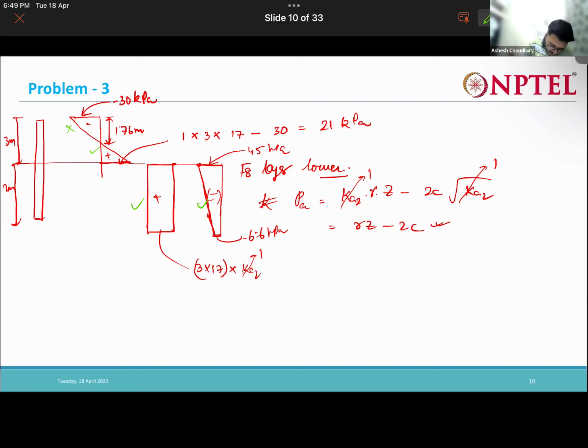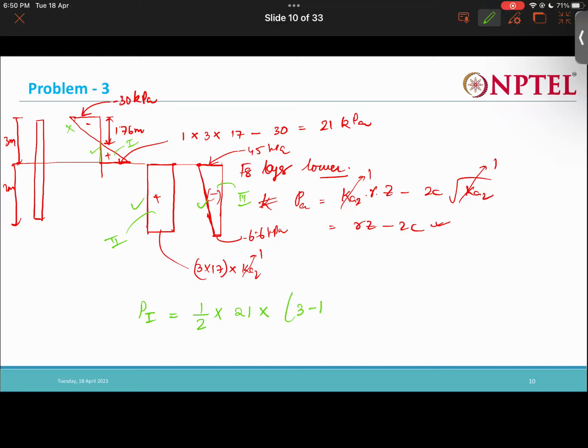Right? So please find out the area of this triangle. This is 1, this is 2, this is 3. So what is P1? Half into 21 into 6.6 value, 3 minus 1.76.